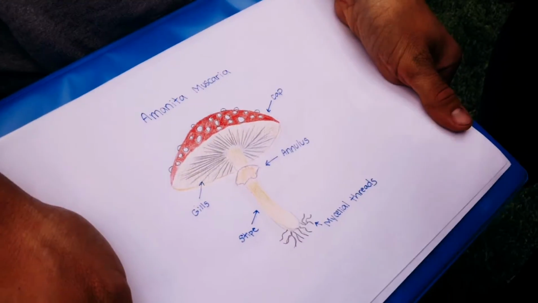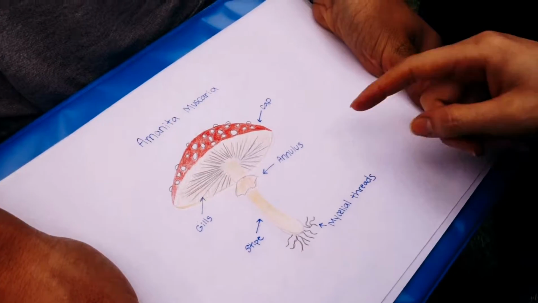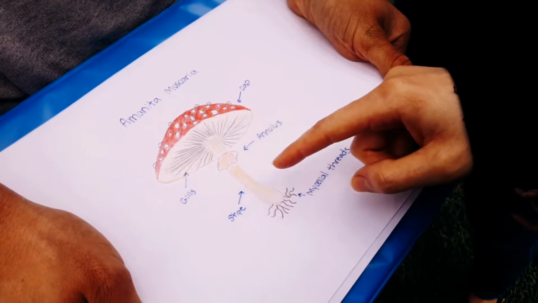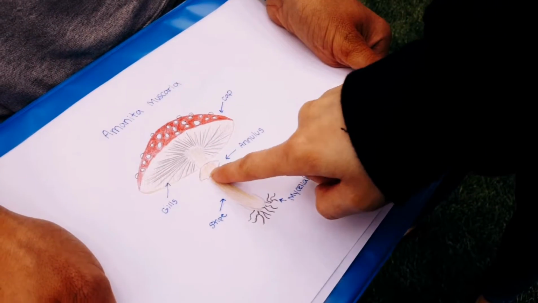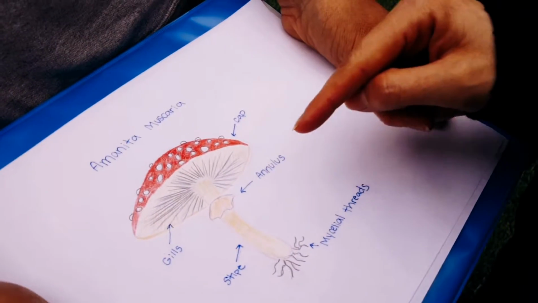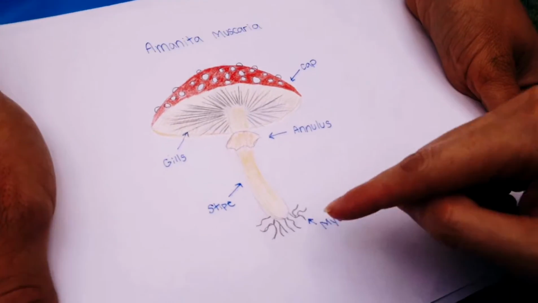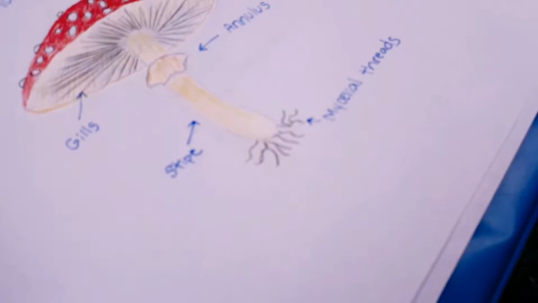So now we're going to look back at the structure of the Amanita muscaria. This cap is supported by the stipe, and there is a ring-like structure called the annulus right here, which is the remaining part of the partial veil. At the base of the stipe, there are mycelium threads, which are the vegetative part of the mushroom.